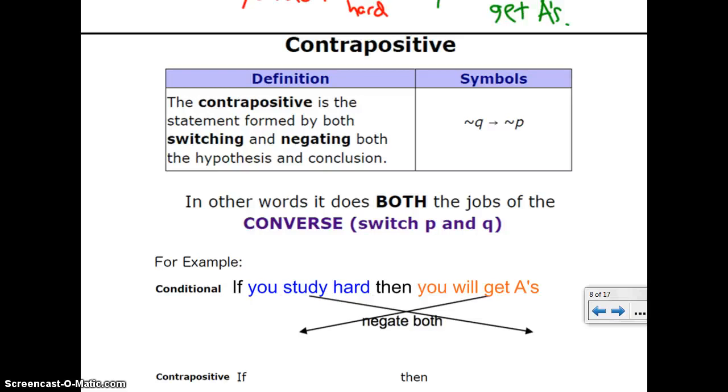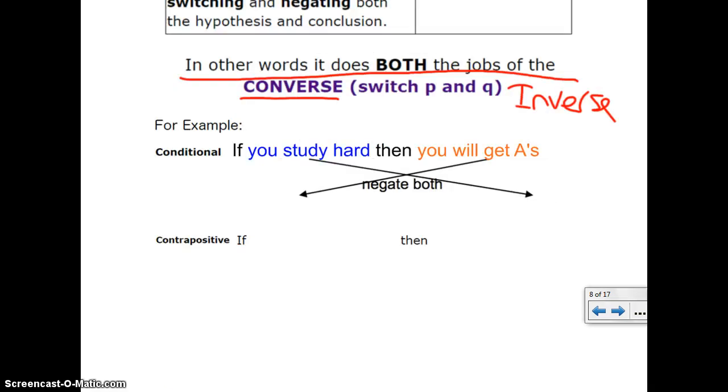So in other words, like it says right here, it does both the jobs of the converse and inverse. That's all it's saying. So let's look at this one in an example. This one says, same stem as before, if you study hard, then you will get A's. So we're going to flip them and we're going to negate both.